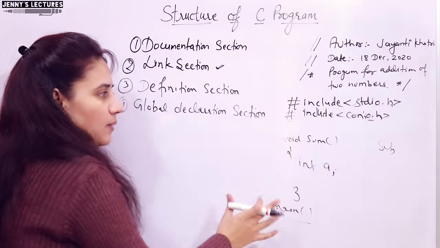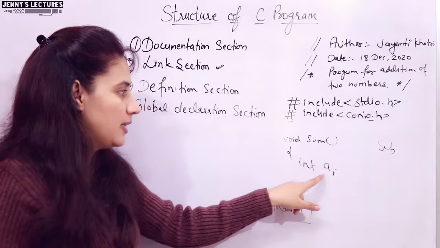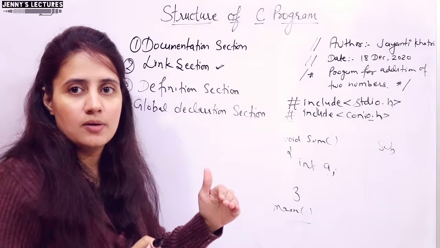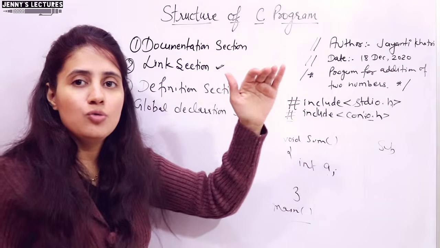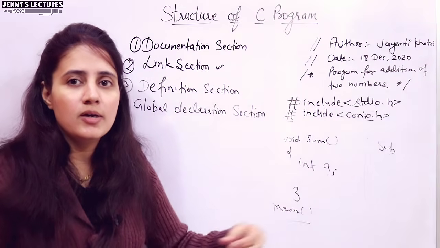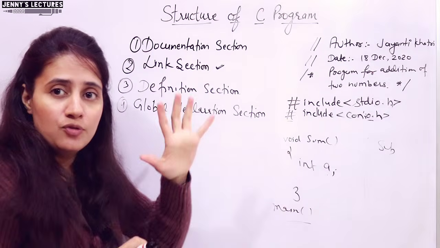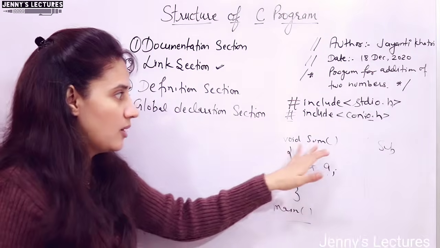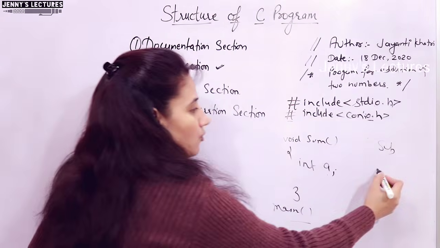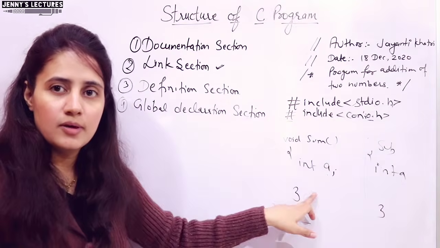But suppose in a program we have 5 functions, and in all the 5 functions we are using the same variable, that is a. So now you can globally declare that variable. If you globally declare that variable, you can use it throughout the program, in every function of a program, in main also, and in every user defined function. But if you do not globally declare, then if you have 5 user defined functions like sum, subtraction, multiplication, division, for every function you have to declare this variable, like int a, 2 times and 5 times.